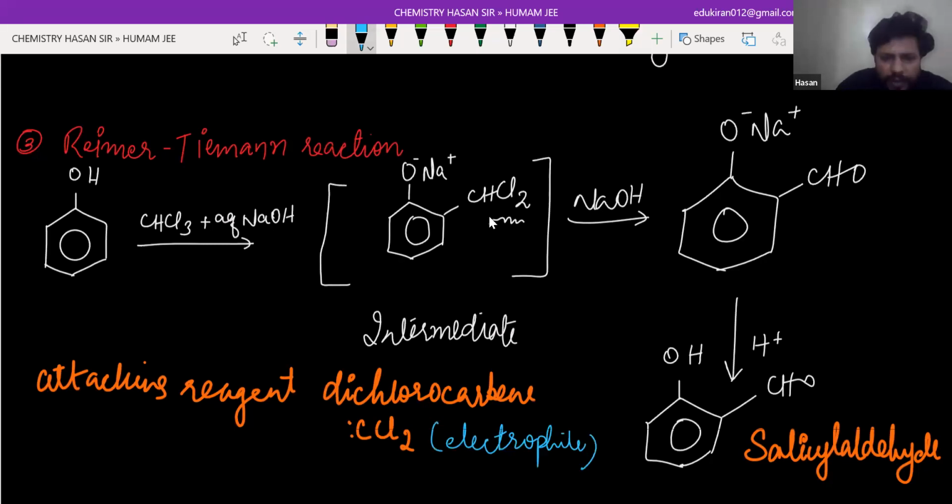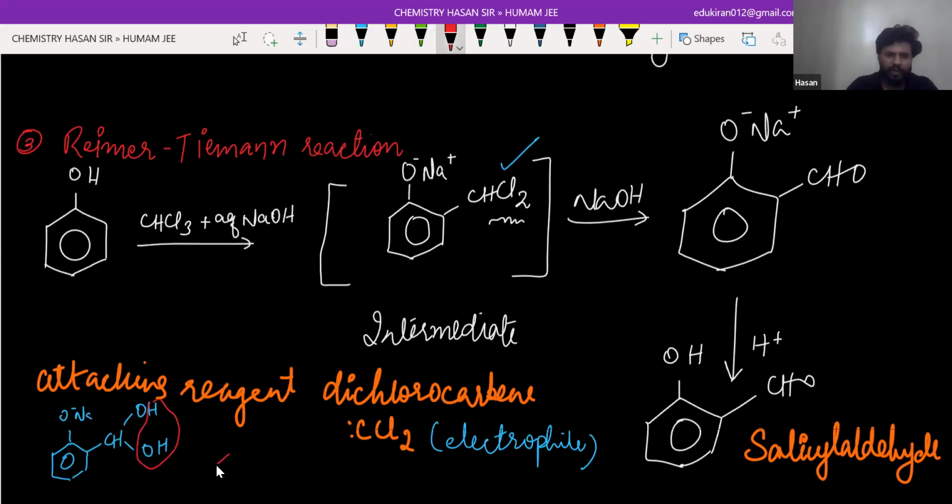You know how the reaction took place? This Cl basically will be replaced by 2 OH like this. I'm going to just explain this. The O negative part will be as it is, phenoxide ion. And this CH is there, and Cl will be replaced by 1 OH from the basic medium and 1 OH from the basic medium. 2 OH on the same carbon is unstable, so you are going to remove water.